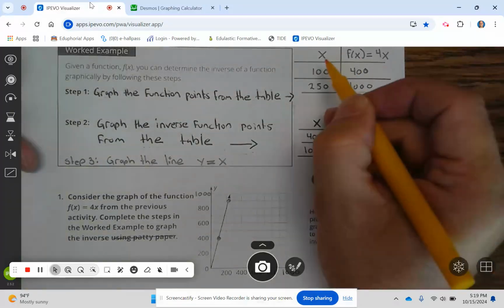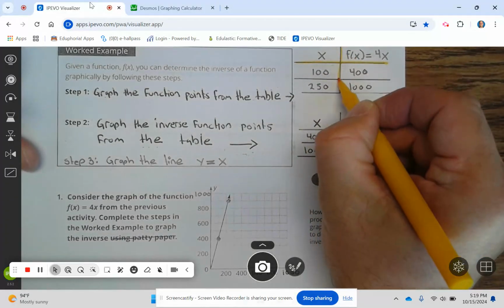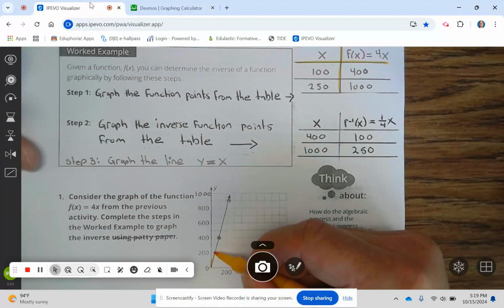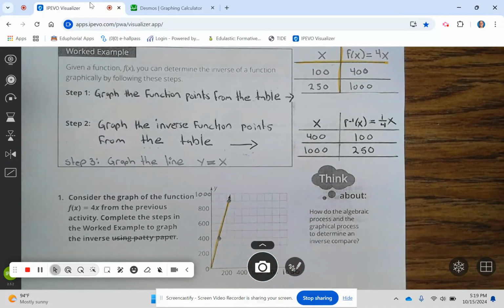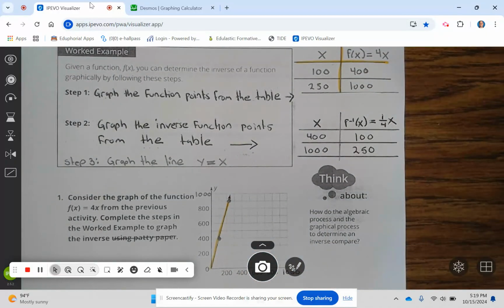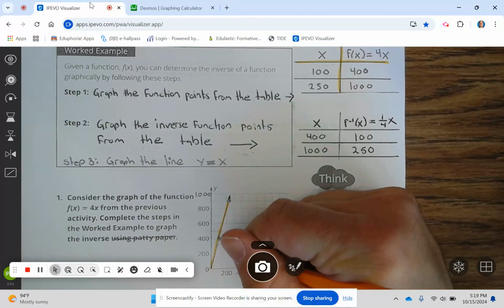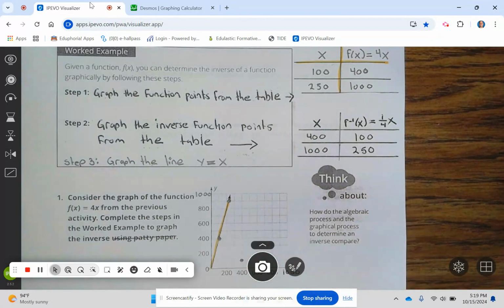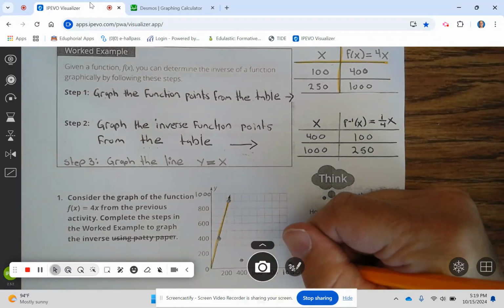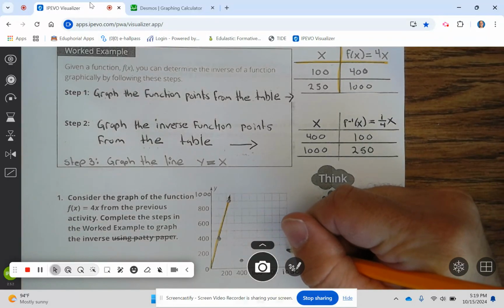Okay, so that's this line right here. Okay, now let's graph the inverse function points from the table. So that's 400, 100, and 1,000, 250, which is about right here.